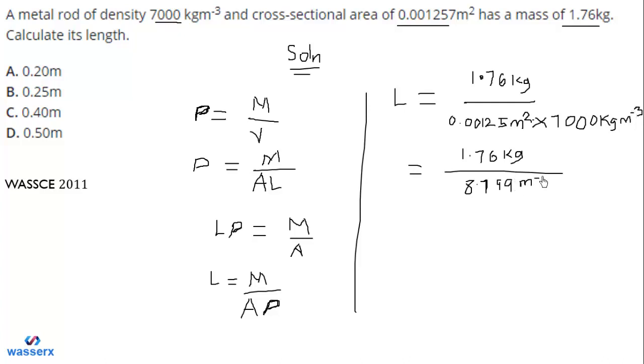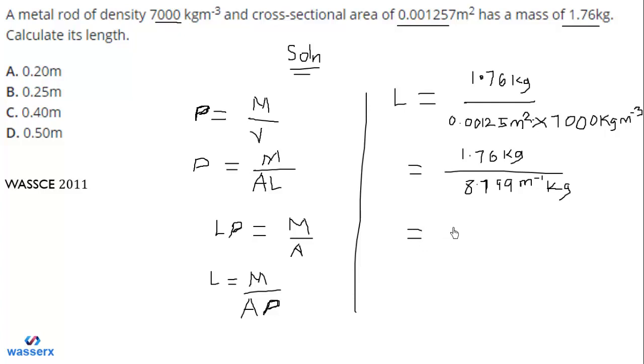You have the per meter. Then we have the kg and the kg going off. Let me write the kg here so that we'll cancel in the next step. So now let's divide.